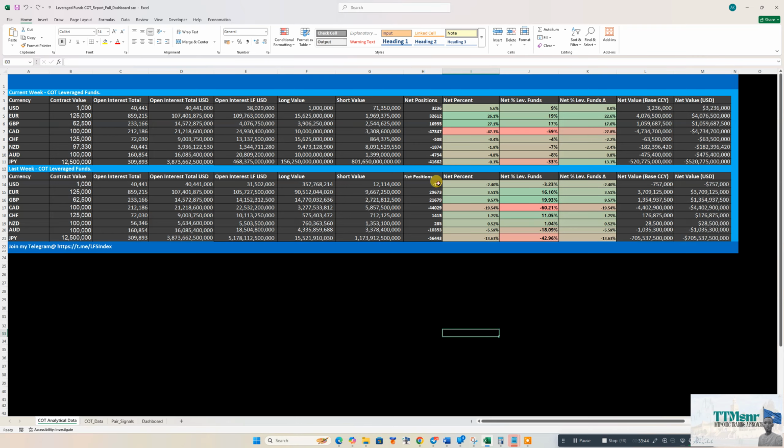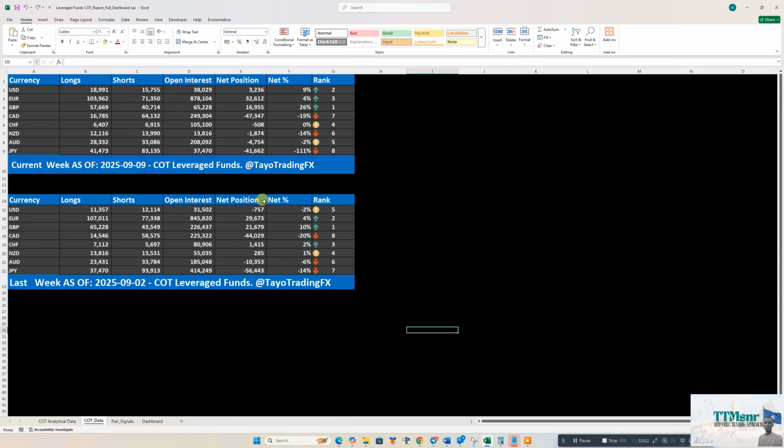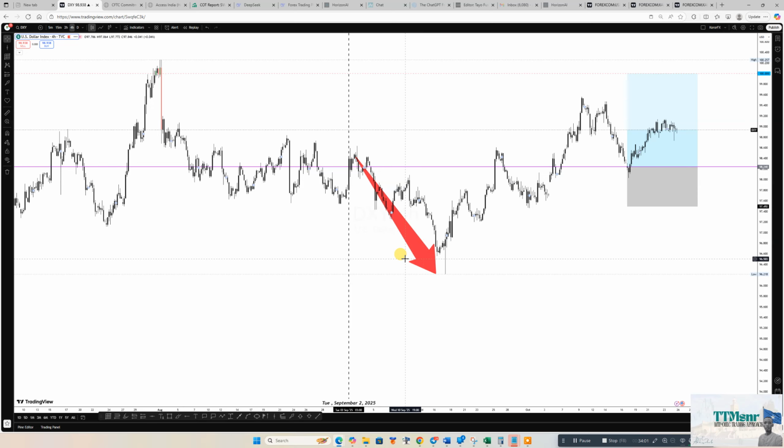Here the net position you see is positive. So what was this week? This week was September 9, right? We will look for September 9.